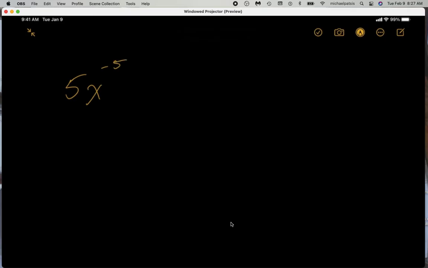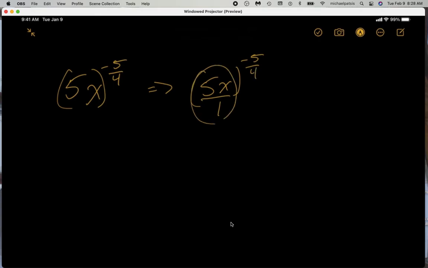5x to the negative 5/4. It's important to pause the video. Try these on your own. This is the same thing as 5x over 1 to the negative 5/4. You take this, you flip it, you change the sign to positive.